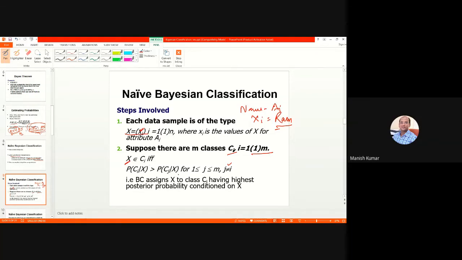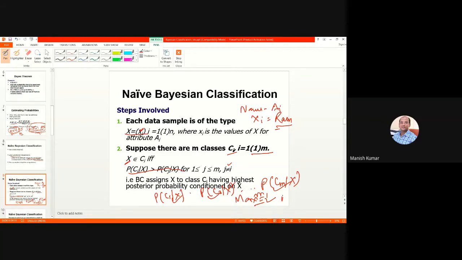Bayesian classification assigns x to class Ci having the highest posterior probability conditioned on x. That means what I'm looking for is simple. I'll be calculating P(C1|x), P(C2|x), up to P(Cm|x), and the maximum will define that the particular sample belongs to that class.